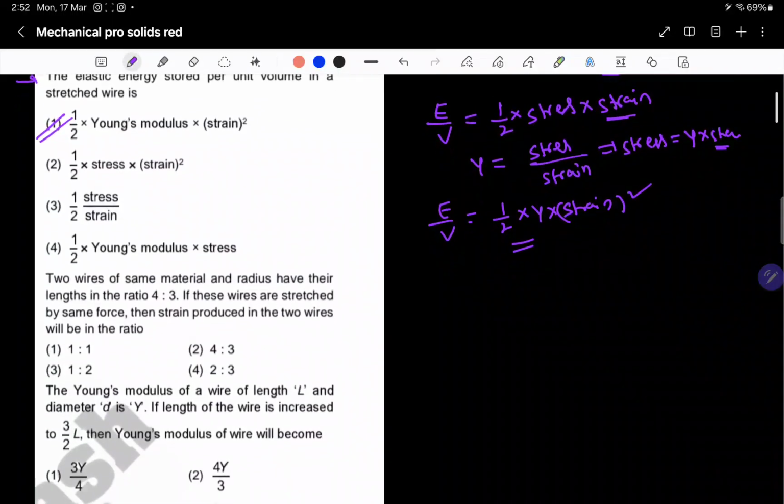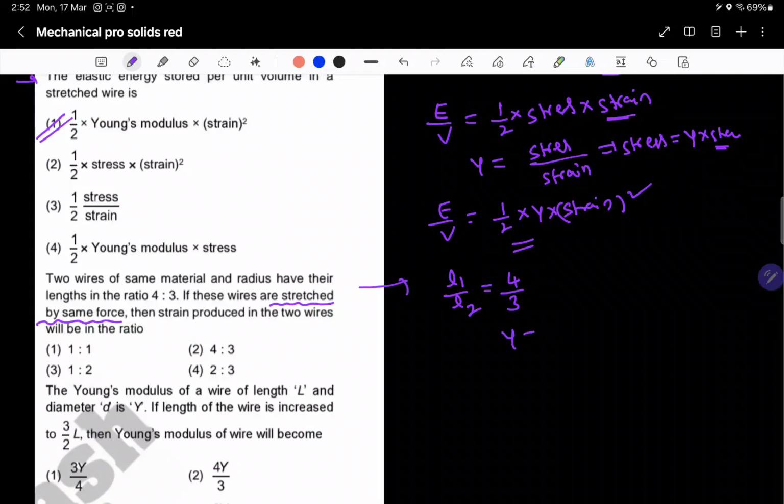Next question. Two wires of the same material and radius have their lengths in the ratio 4 is to 3. The ratio of the two wires is given, length ratio L1 is to L2 equal to 4 by 3. If these wires are stretched by the same force, very important students, stretching by the same force, what is the strain produced in the two wires?